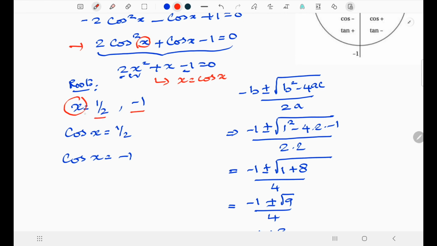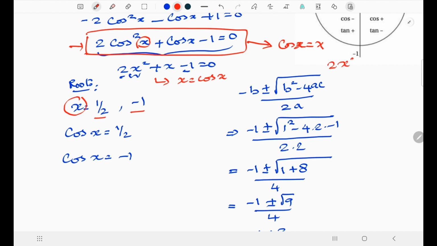That means cos x equal to 1 by 2 and cos x equal to minus 1. Because we cannot solve the quadratic equation by keeping the cos square x and this one, we are just making it as simple as assuming that cos x equal to x, and we are relating this equation 2x square plus x minus 1. For this we have found the roots.